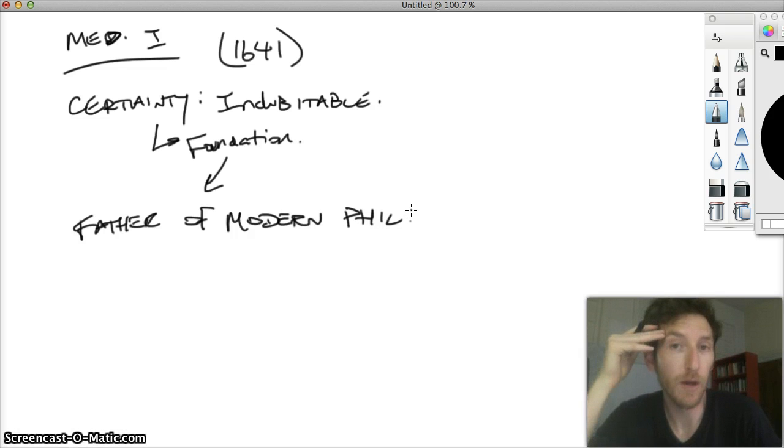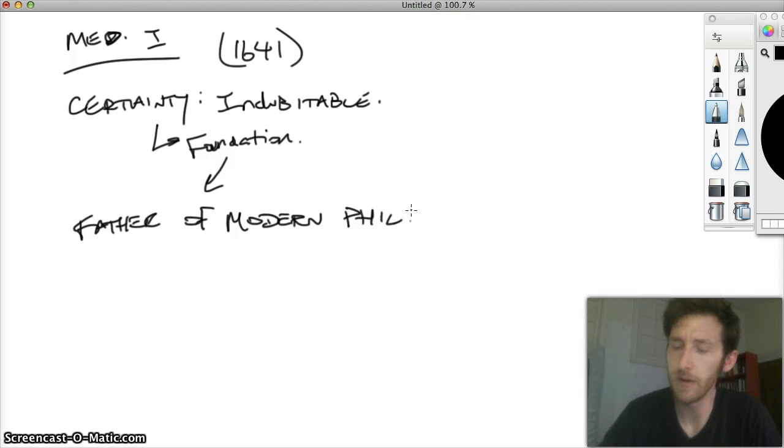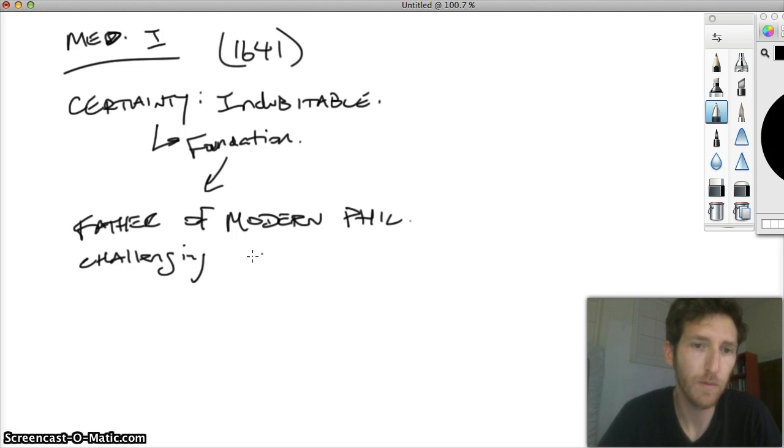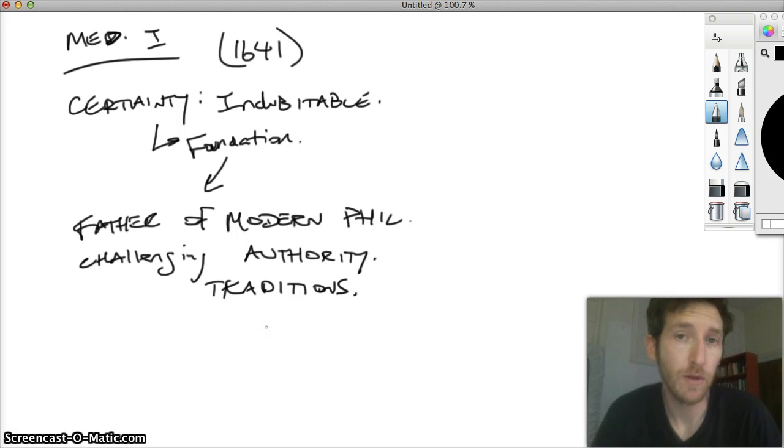Well, why is he the father of modern philosophy? Because in essence, what he's doing in engaging these meditations and the discourse on method and other writings throughout his life is he's challenging a certain kind of authority. And he's challenging long-standing traditions and ways of thinking, which are tied up with one of the most powerful institutions in Western Europe at this time.